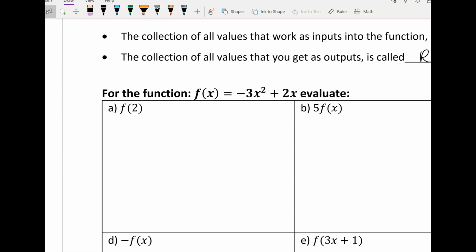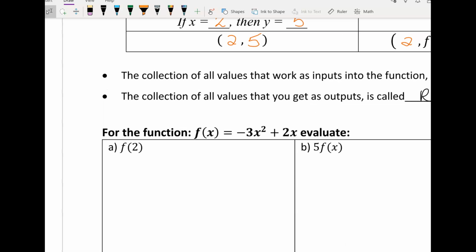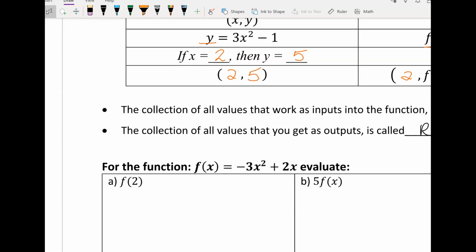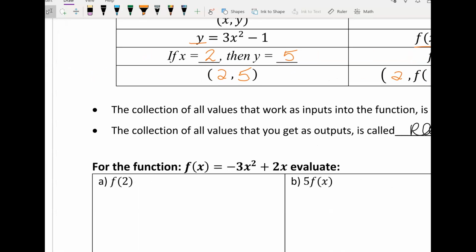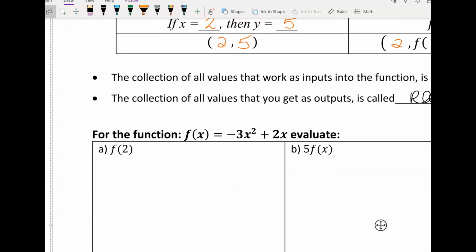There are 4 operations in math: addition, subtraction, multiplication, and division. And we need to be comfortable operating on given functions. We need to evaluate. Evaluate means please perform the following operations. So, f of 2. That means we are going to take 2 and substitute it in for all x's.